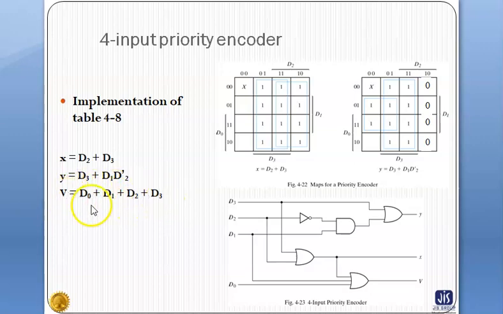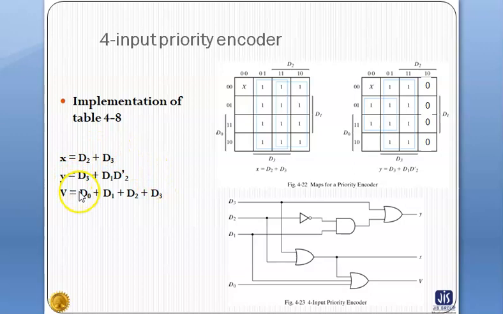So this is the output expression for the valid bit, and for X, as per the K map, the output expression is D2 or D3, and for Y it would be D3 or D1 D2 bar, D2 complement.